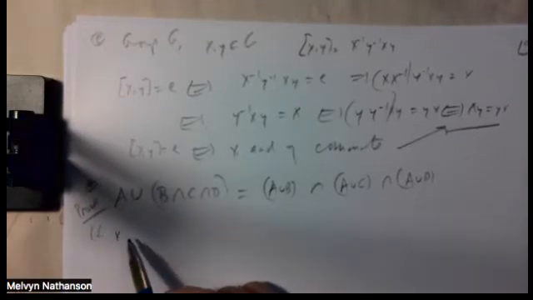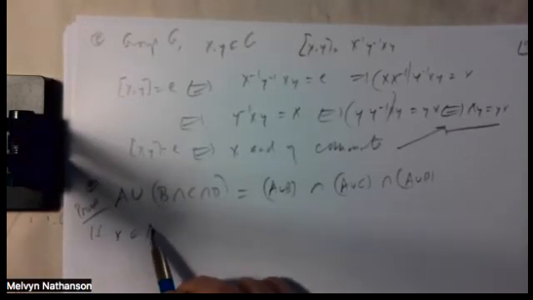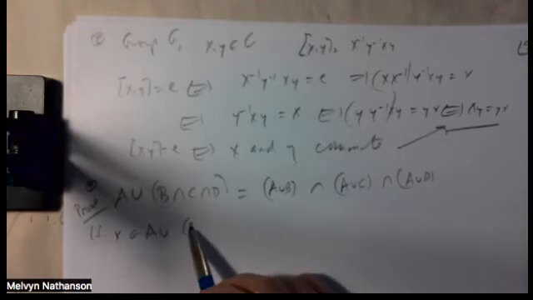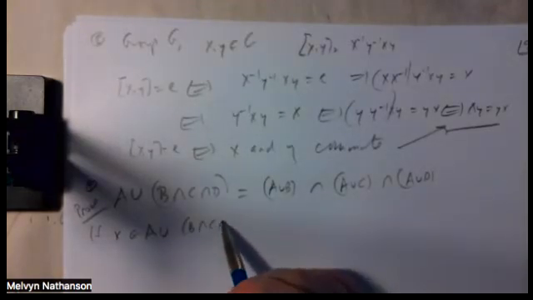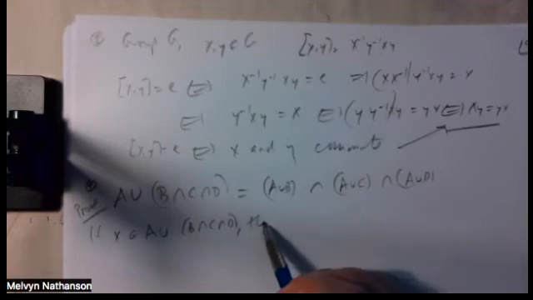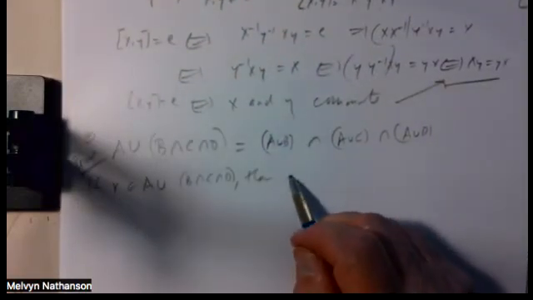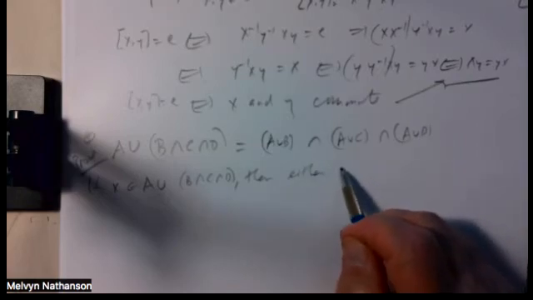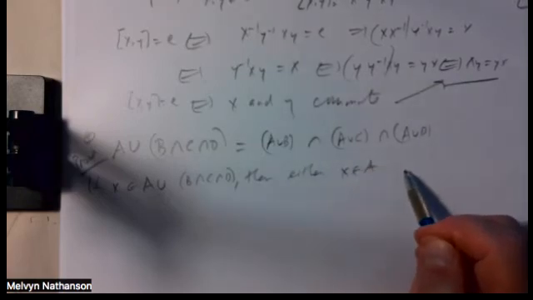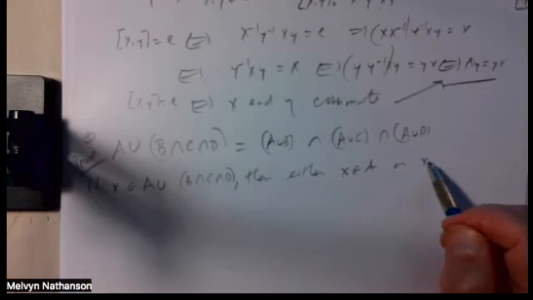So if X is in A union (B intersect C intersect D), then we have two possibilities: either one or both holds, either X is in A or X is in B intersect C intersect D. So let's look at both cases separately.